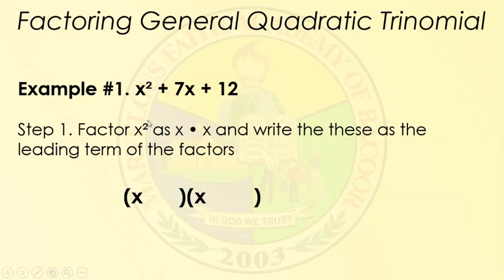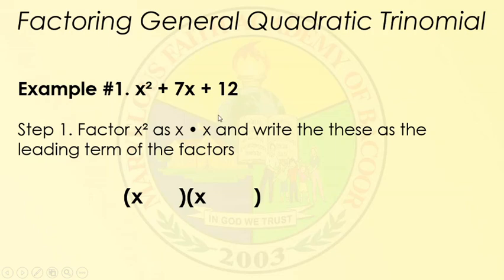Okay? So, identify muna natin ang value ng b. Kapag sinabi pong value ng b at value ng c, hindi po natin sinasama yung ating variable. And take note na kung ano po yung operation, always na kukunin po natin yung operation niya as sign of the numbers. Gaya dito, positive, therefore, ang value ng b natin, kasi ito yung middle term, ay positive 7.